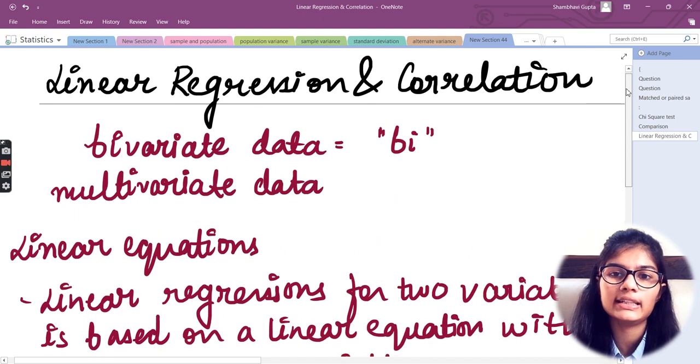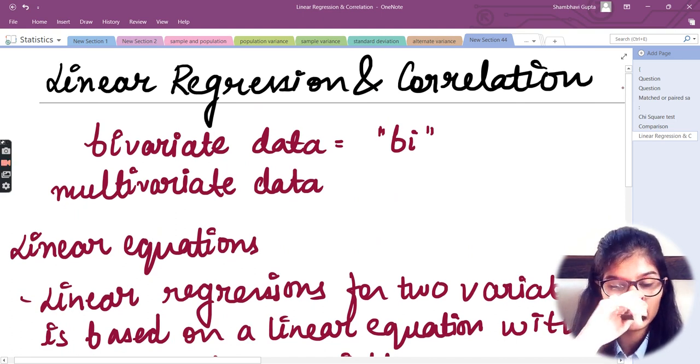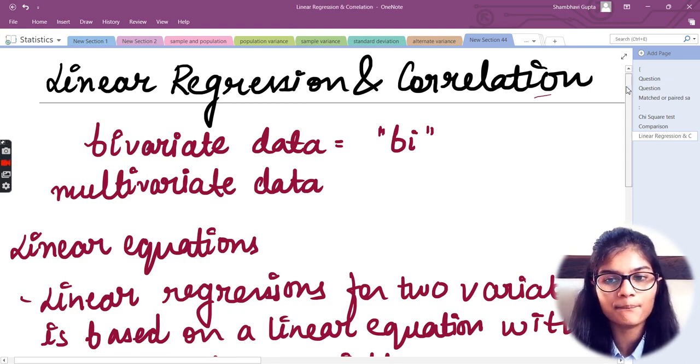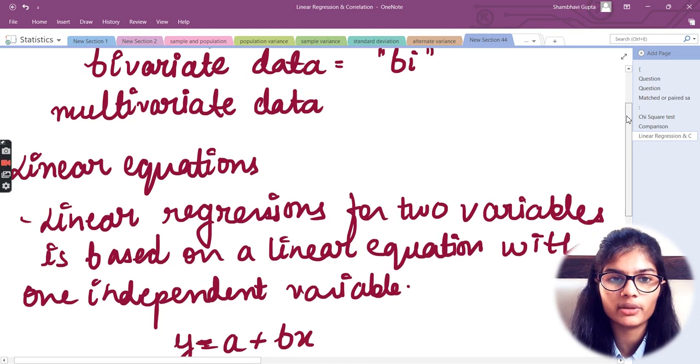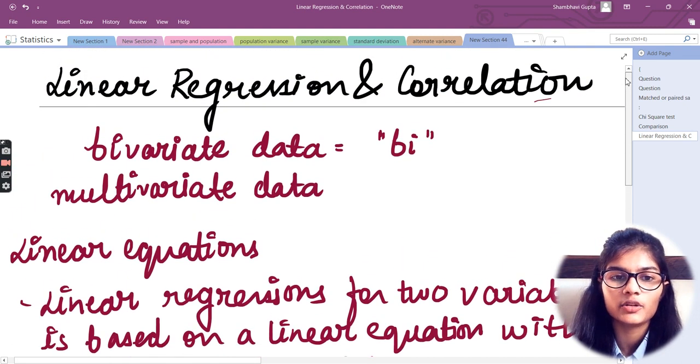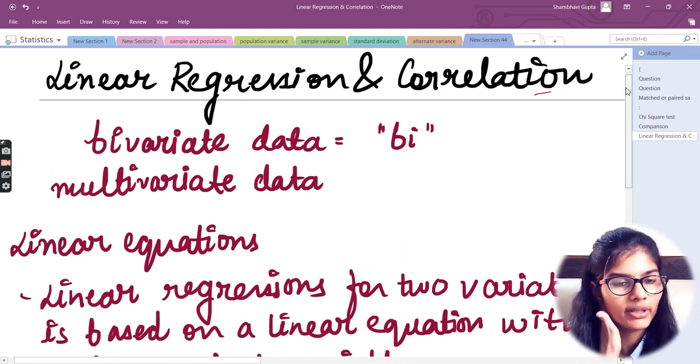When we talk about linear regression or correlation, two terms come up. The first is bivariate data, and the second is multivariate data, which is for multiple variables.